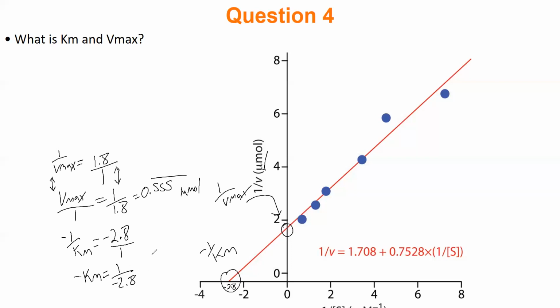I have a negative on each side, so that actually cancels out, where I say Km is equal to 1 divided by 2.8. 1 divided by 2.8 is roughly 0.357. And our units, you can't see those, but those are millimolar. Right? So that is how you use the Lineweaver-Burke plot to figure out the Michaelis-Menten variables of Km and Vmax.